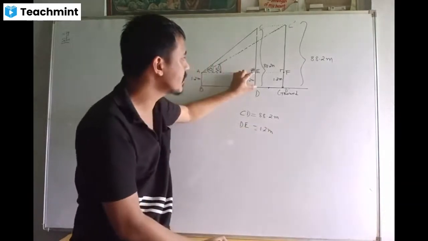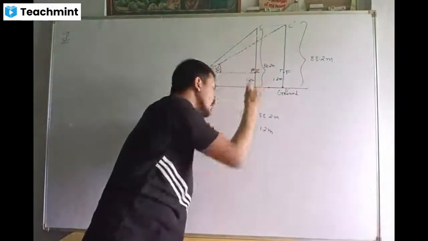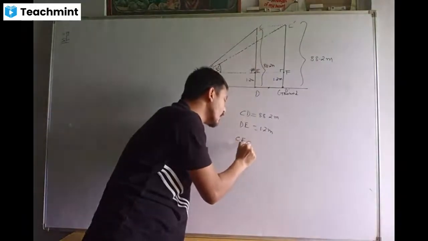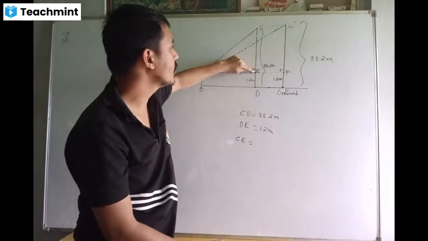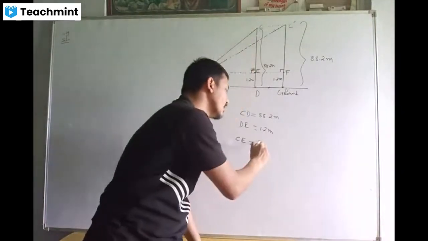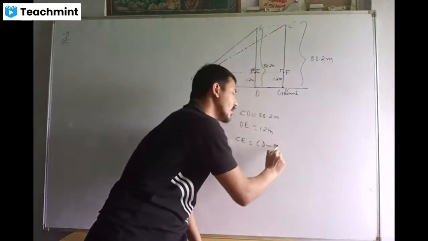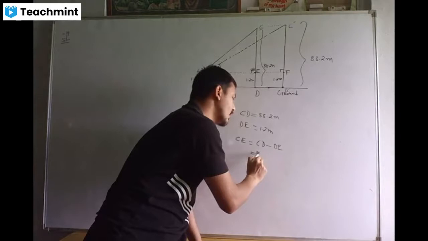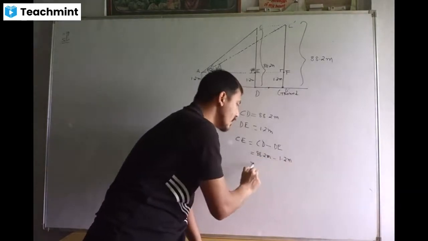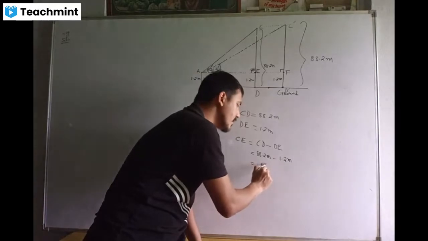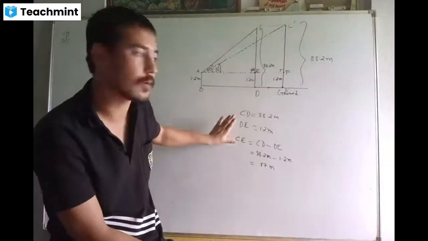Then how do you find out the remaining height CE? From the total height CD, we subtract DE. That is 88.2 meters minus 1.2 meters, which is equal to 87.0 meters. So 87 meters. You have to note this down, okay? You have to start your answer with this.